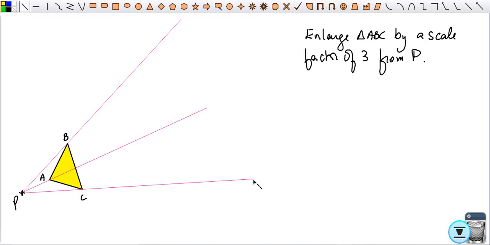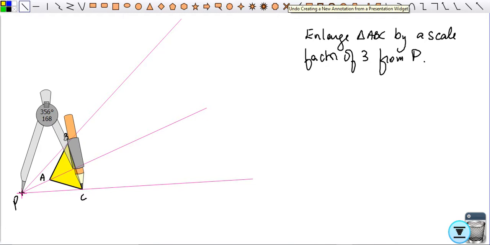Okay, now, what am I going to do? We have to construct our enlargement. Scale factor 3. So we're going to take our compass, place it on point P, and arrive to point C. There I have measured the distance from P to C. Now, the distance must be enlarged by a scale factor of 3.